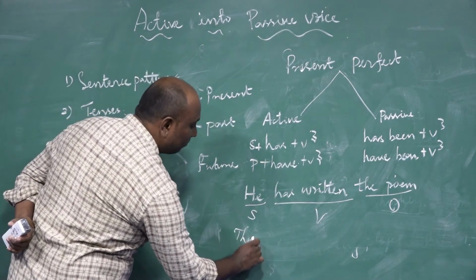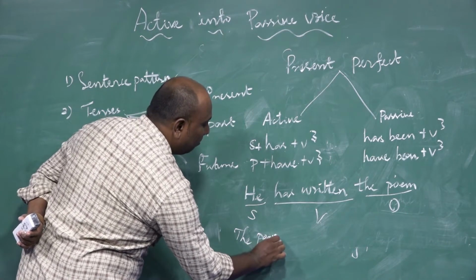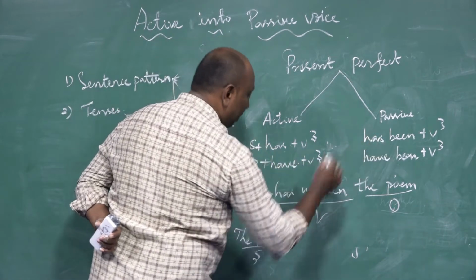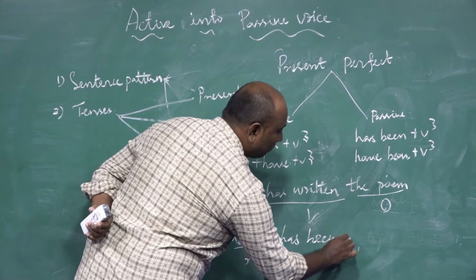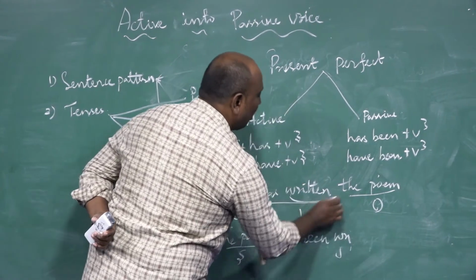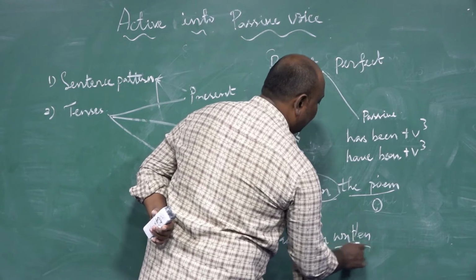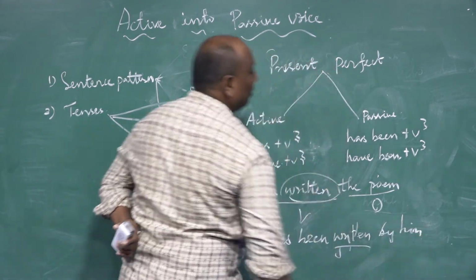The poem is singular. What is required for passive? Has been. We have to write has been. So the verb is already in third form, so we don't need to change anything. Written by he will change it as him.